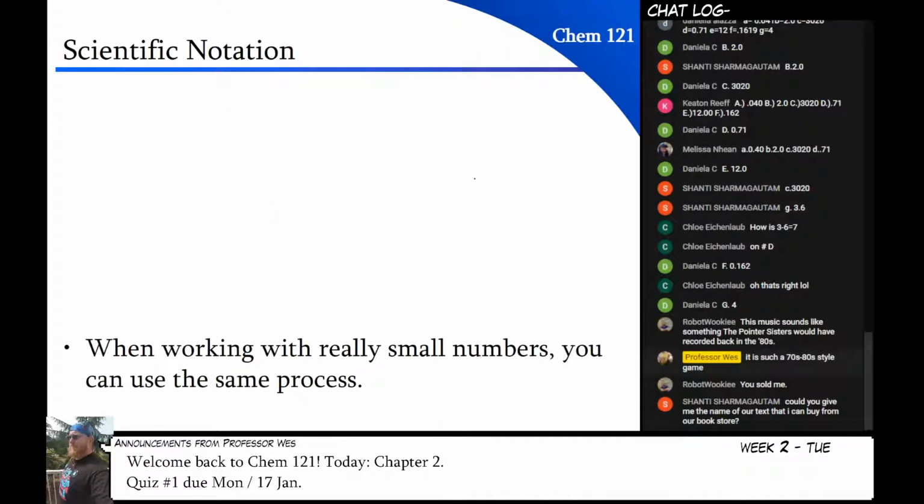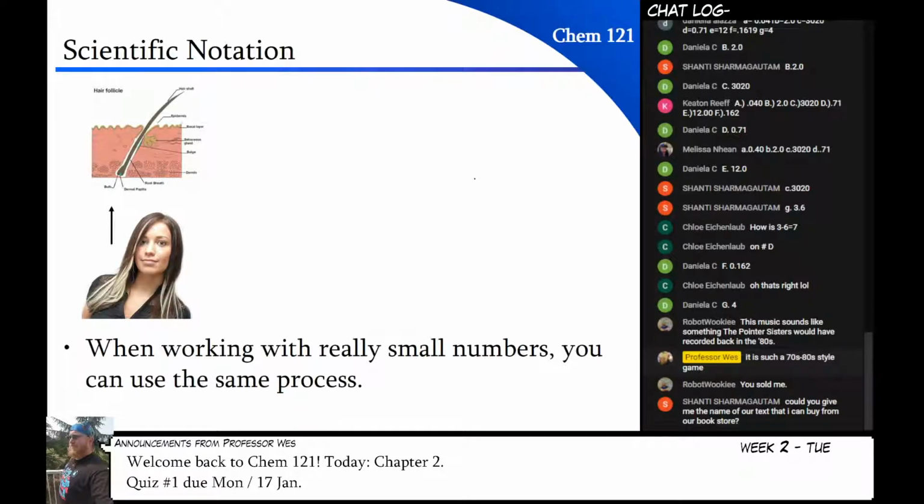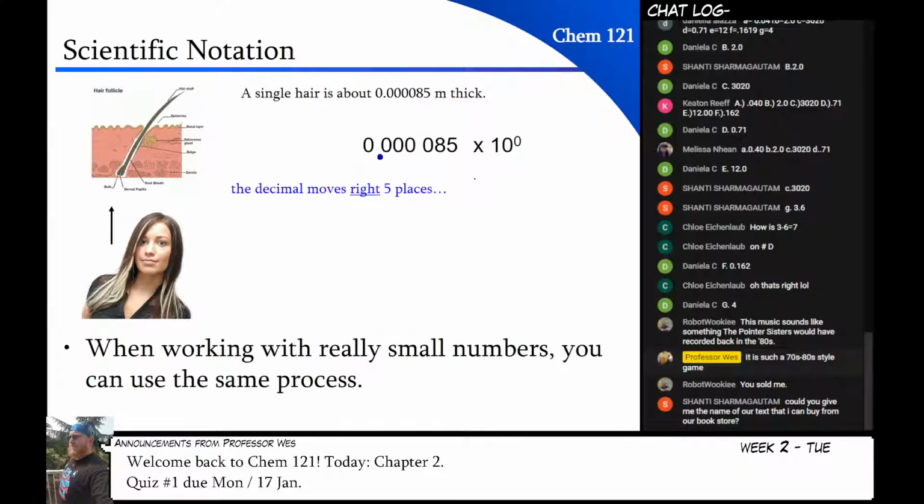All right, for the next one, we'll look at small numbers. So if I look at the diameter of this person's hair, I have no idea who this is. I just grabbed this random picture off the internet years and years ago. And I moved the decimal point to the right, so I'm going to move it to the right 5 places here, which means this decreases by 5.